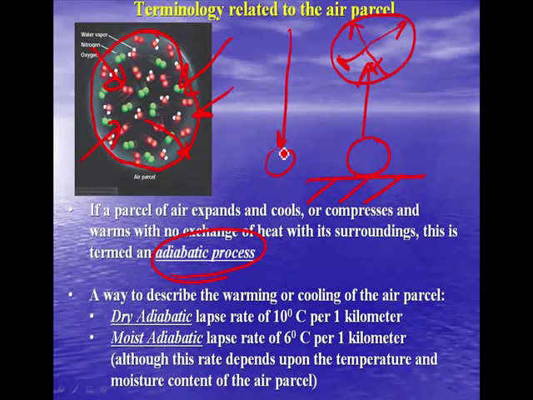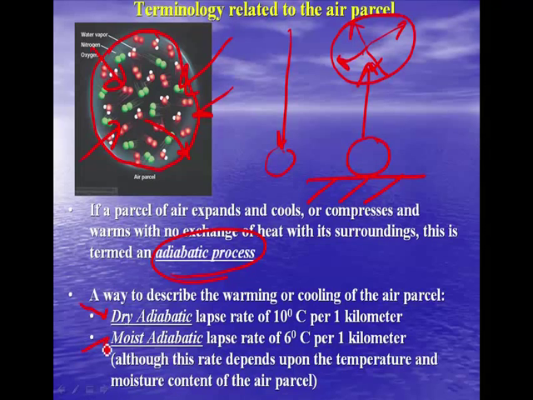Well, we can actually describe this warming and cooling in two terms. If the air parcel is considered dry, in other words, unsaturated, we'll call this cooling or warming by the dry adiabatic lapse rate. However, if the parcel is saturated, and recall that the parcel reached saturation in Mountain Sim when it hit the saturation vapor pressure curve, at that point we actually had condensation and the cloud formed.